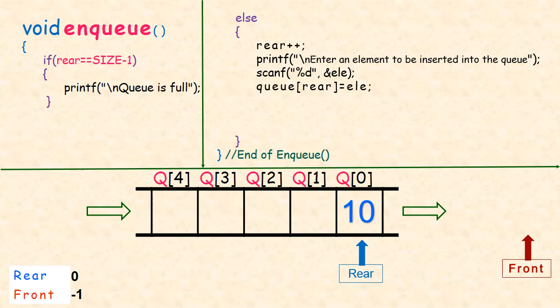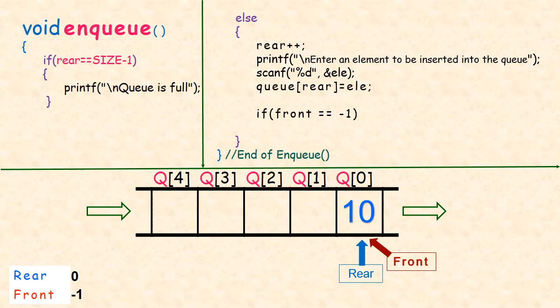That is why we verify whether the queue was previously empty or not. If the queue is empty, then we make the front point to the first element. For that I will verify whether front is equal to -1 or not. If so, I will assign 0 to the front. Now front and rear have 0.